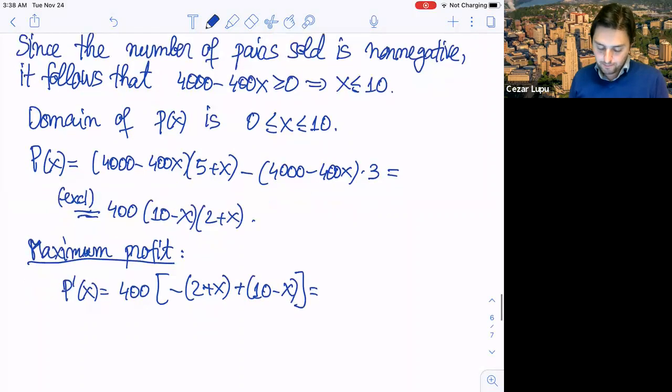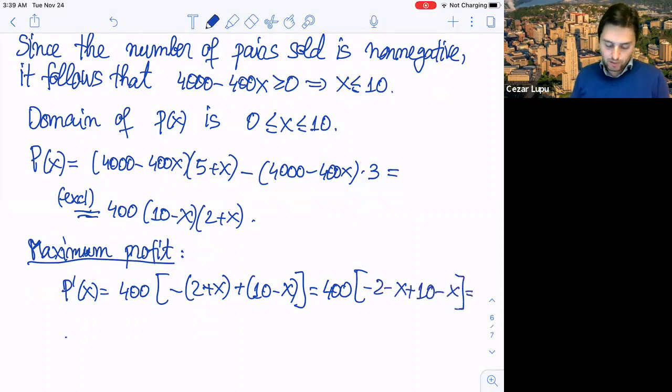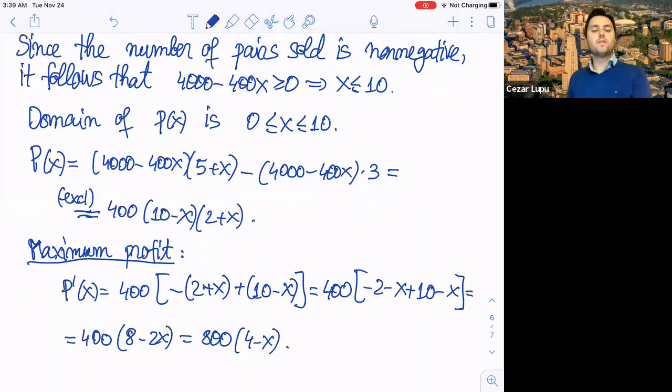So this would be 400 times negative 2 negative x plus 10 minus x, which gives us 400 times 8 minus 2x. Or if you want, it's 800 times 4 minus x. Okay, so that's the derivative.